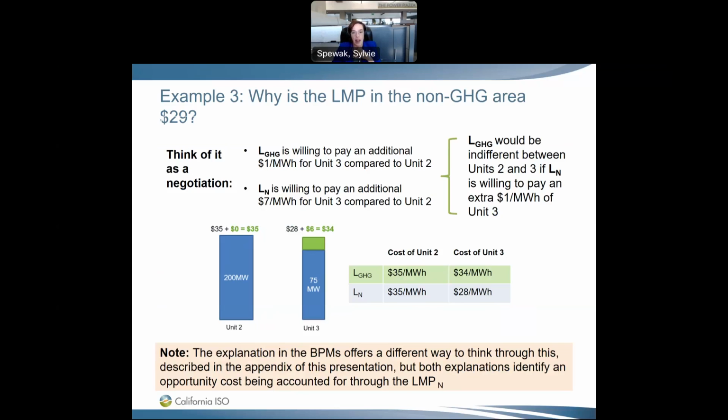In any case, the $1 above Unit 3's bid price, you can think of that as a scarcity signal or an opportunity cost. It says, we need more of you, but this is the additional profit to this resource that would minimize the total cost of the system.